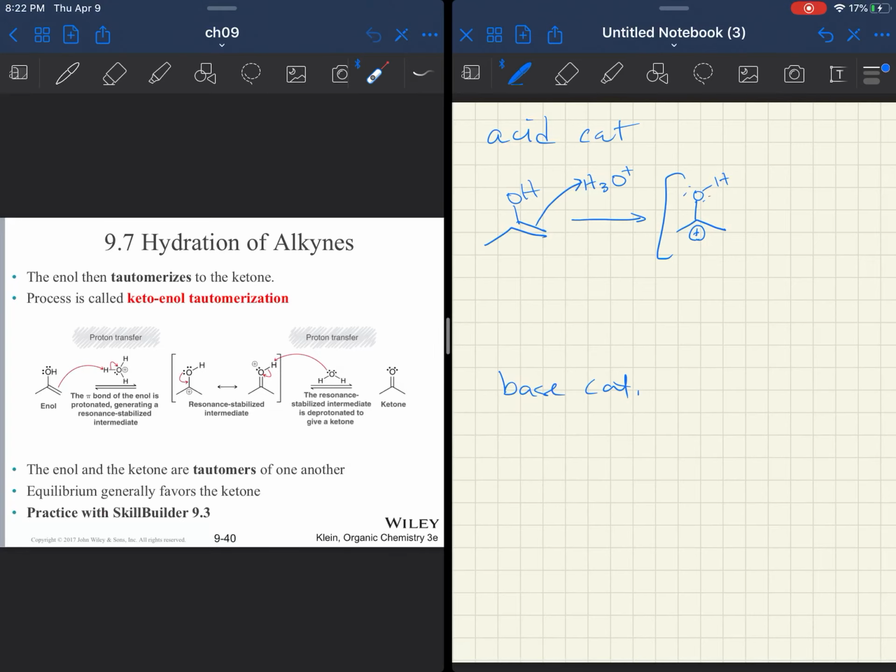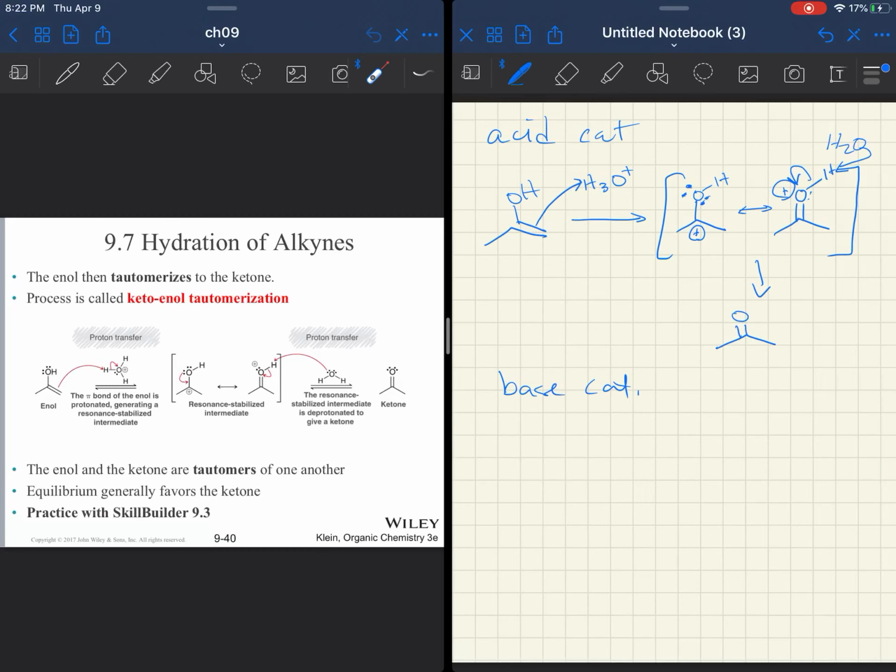We've seen our alkene act as a base before, and it does that here as well. That is going to give us a carbocation. That carbocation has a resonance structure with that oxygen, right? Because there's a lone pair next to a carbon with a plus charge. So the other resonance form puts that plus charge on the oxygen.